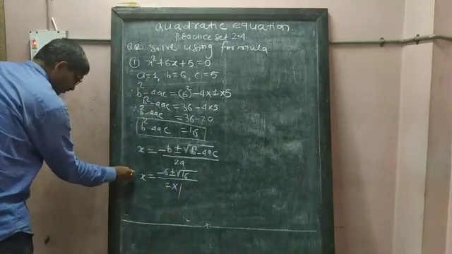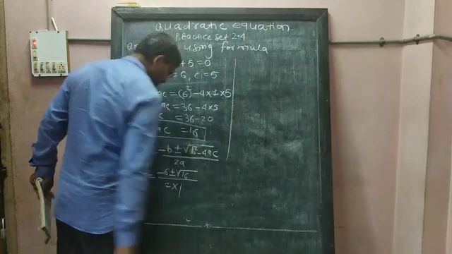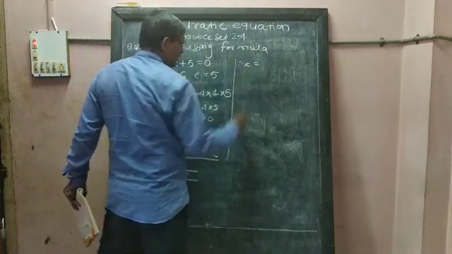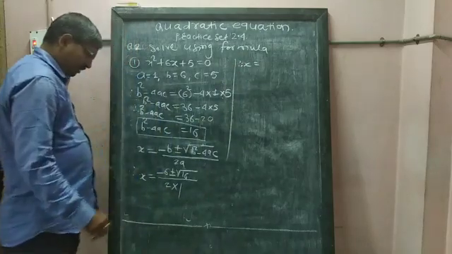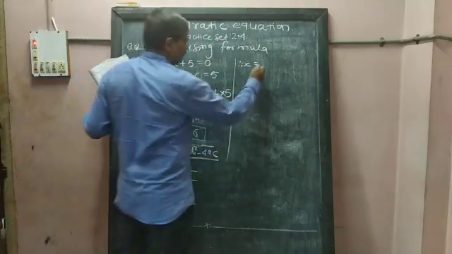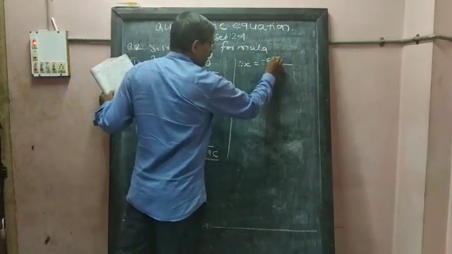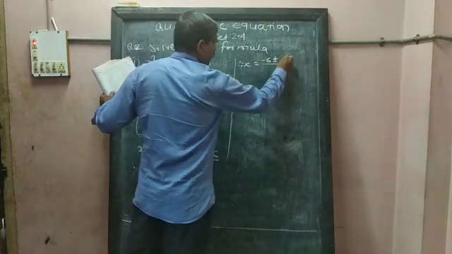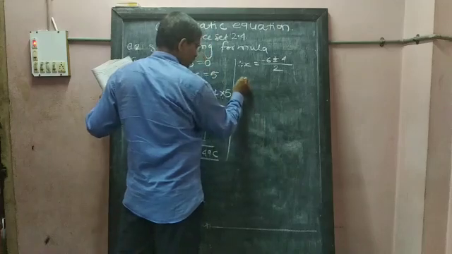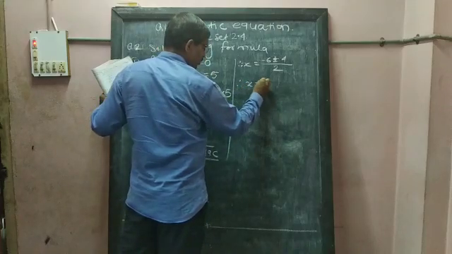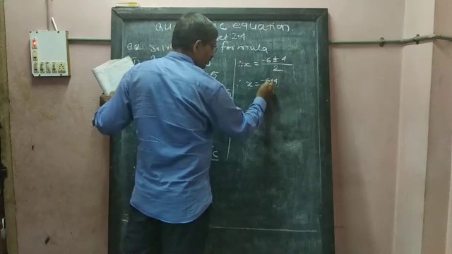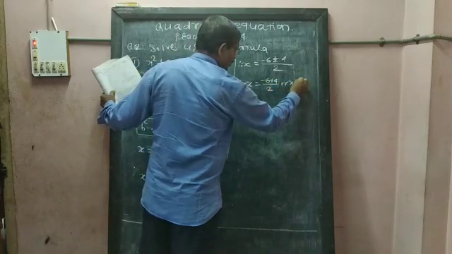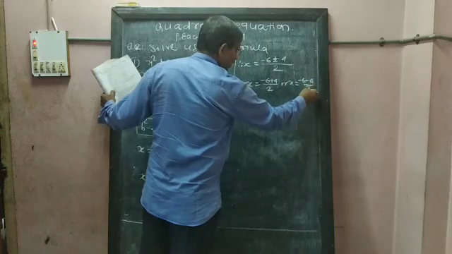Therefore, x is equal to minus 6 plus minus under root 16, whose square root is 4, upon 2. Therefore, x is equal to minus 6 plus 4 upon 2, or x is equal to minus 6 minus 4 upon 2.